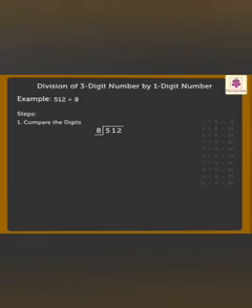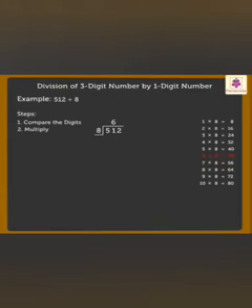So, by using the table of 8, let us find the product which is equal to or less than and nearest to the digits 51 of the dividend. The nearest product is 48, as 6 into 8 is equal to 48.